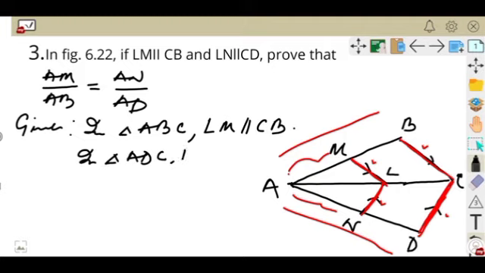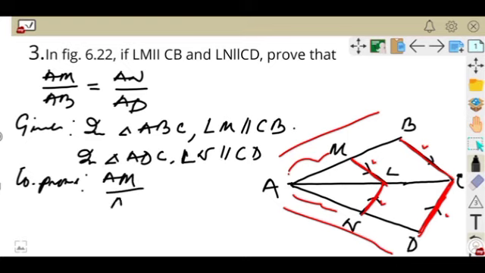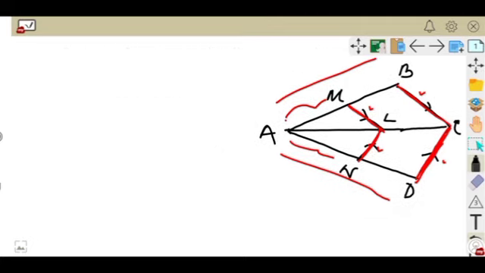You can write NL or LN, that is up to you, but let me follow exactly what is given in the question. And what we have to prove? We have to prove that AM by AB equal to AN by AD. We'll continue now. Here, procedure.